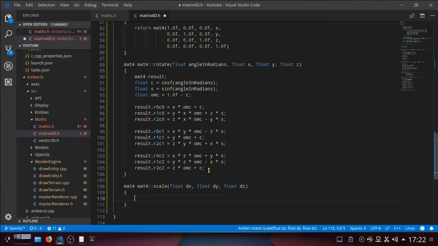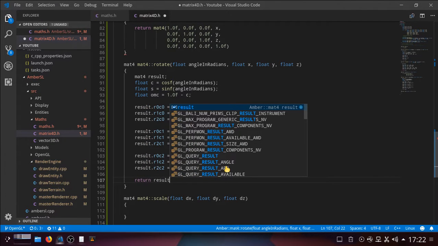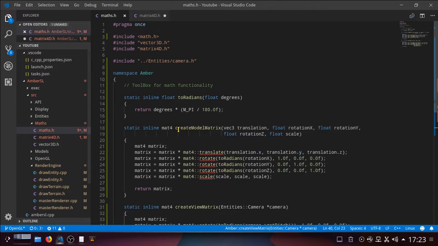Not good at all. Oh, we haven't returned it, have we? Ah! We didn't return result. We better. There we go. We're looking in MathState now. These really should start to go away. Go away, you horrible little things.